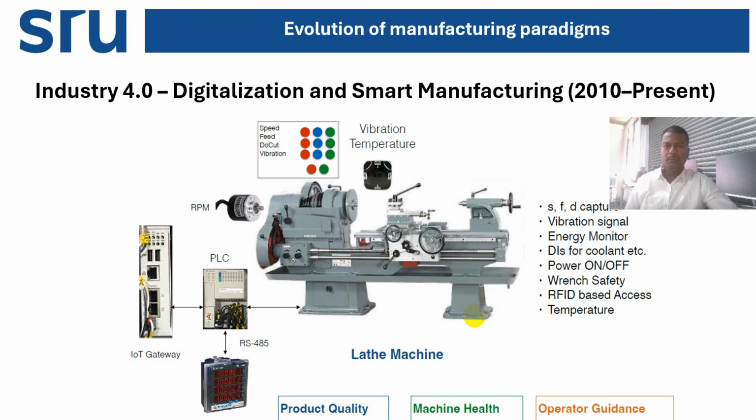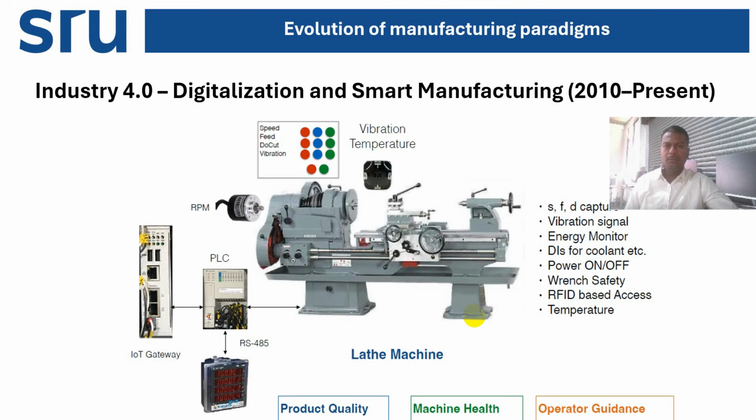Especially, these PLCs get the information of your input data and output data, and analyze and control the entire lathe machine operation. IoT gateways receive the commands coming from the operator or the machine operating positions.